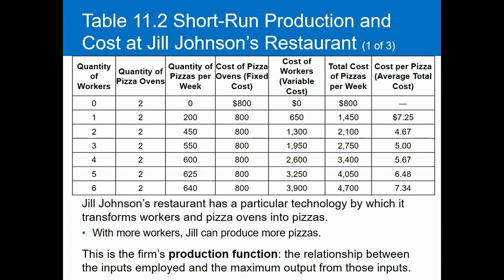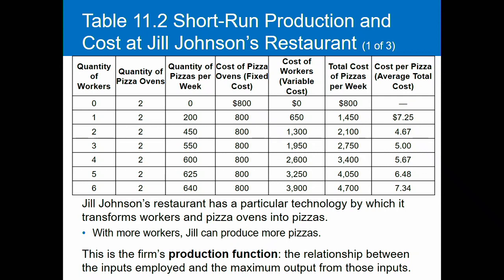So you see that here. Number of workers: if she has 0 workers, there's no one doing the work. We end up with 0 pizzas per week. Remember, the pizza ovens are fixed, so there's going to be 2 no matter what. Now, if she adds 1 worker, they can now produce 200 pizzas per week.